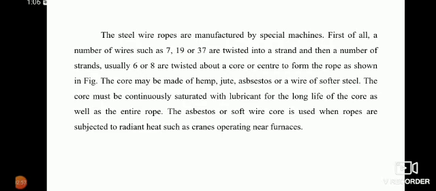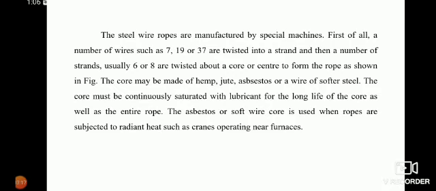The steel wire ropes are manufactured by special machines. First of all, a number of wires, such as 7, 9 or 37, are twisted into a strand, and then a number of strands, usually 6 or 8, are twisted about a core or center to form the rope, as shown in the following figure.